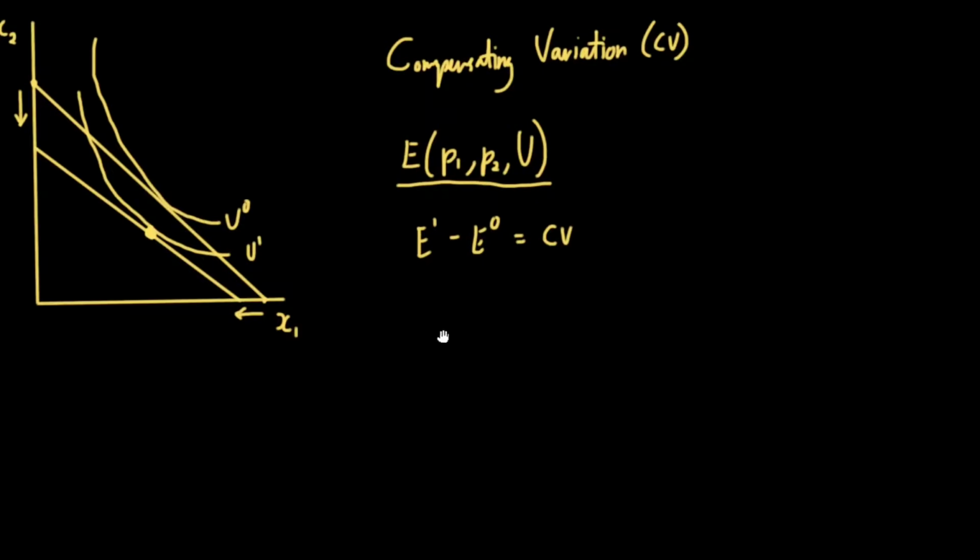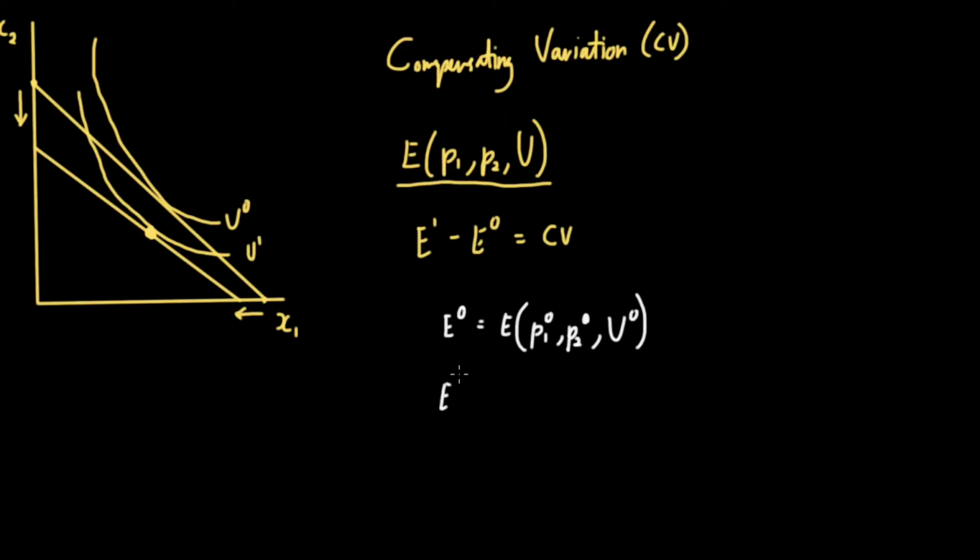Let me scroll down a bit. E naught is equal to our expenditure function, where the old price of good 1, the old price of good 2, and the old or original utility level have been substituted in.